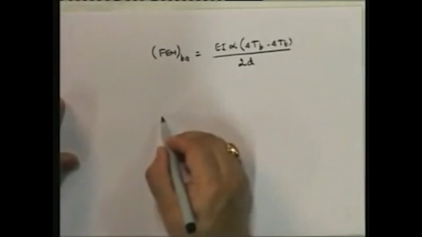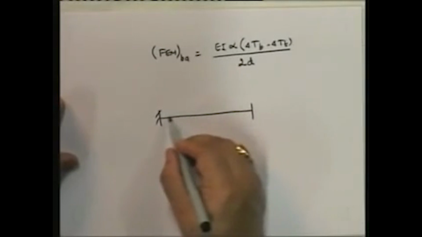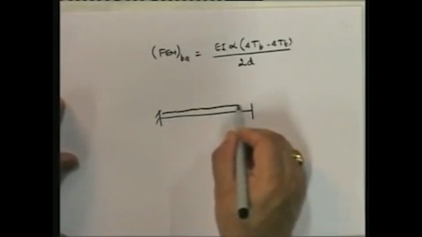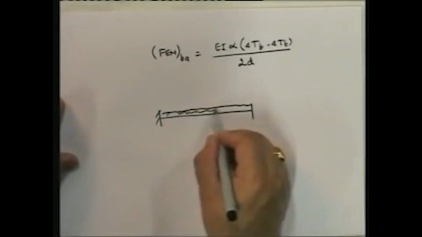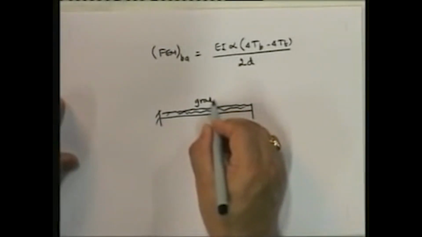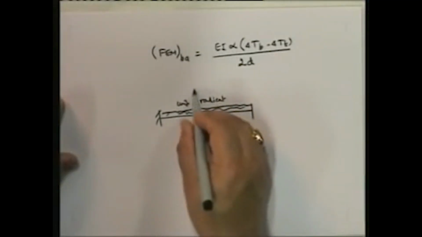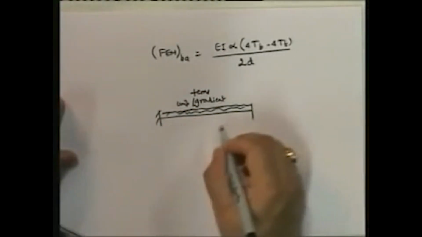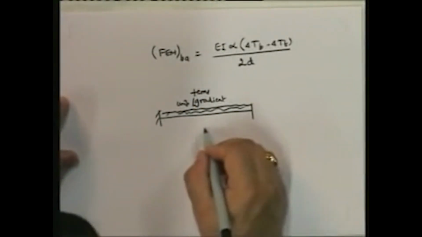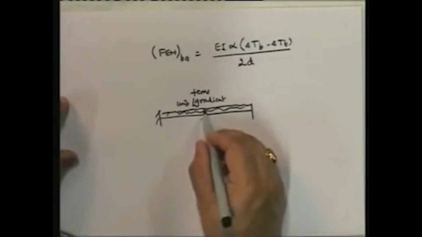And so therefore, if I have a uniform temperature gradient, with the bottom being hotter than the top.